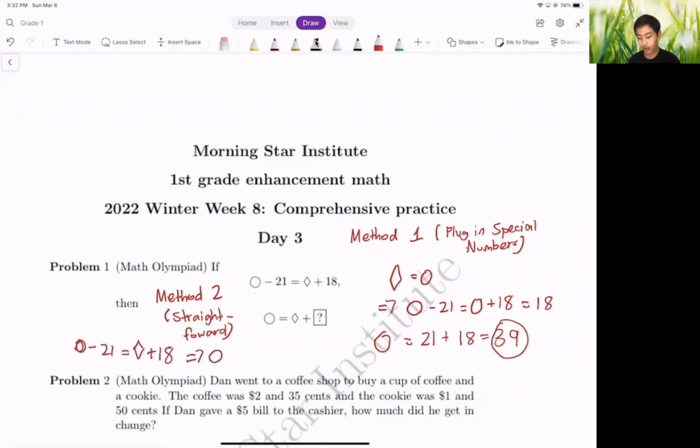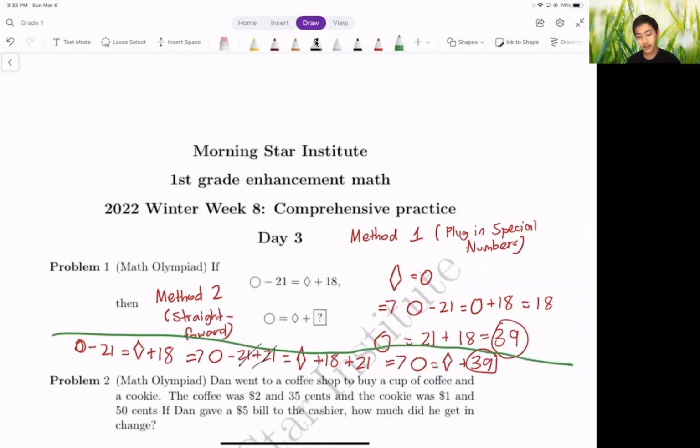Then a circle minus 21 plus 21, and this just cancels out with each other, is equivalent to a diamond plus 18 plus 21, and this just gives us circle equals diamond plus 39. So again, 39 should be your answer. So the answer is 39 for problem 1.